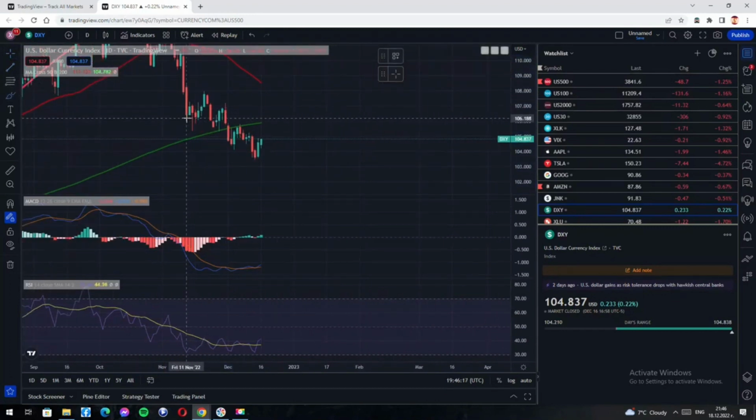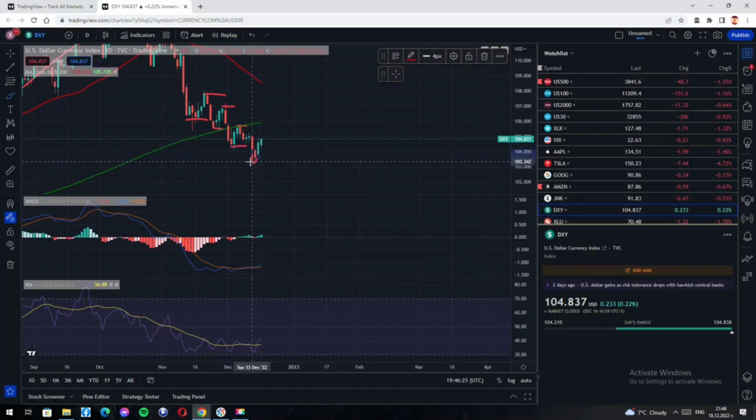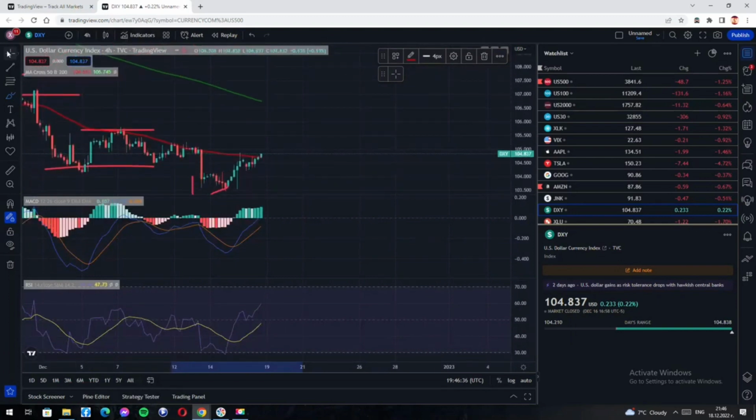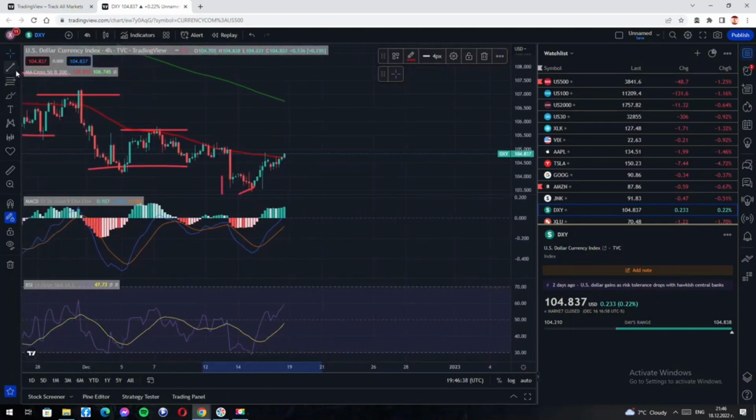First, we can see short term lower highs, lower lows, but recently we've made an equal triple bounce low, and also we're getting a bullish MACD crossover, and we got above this important resistance right here.